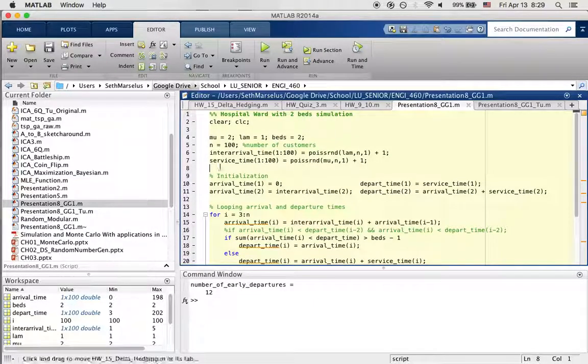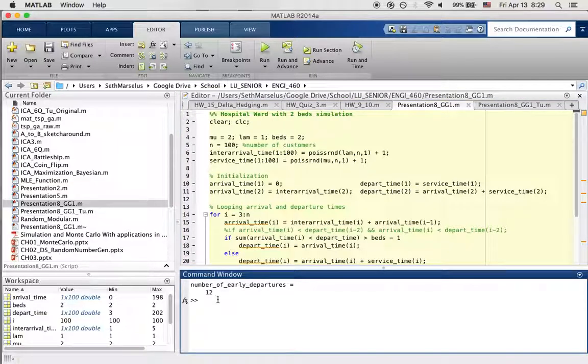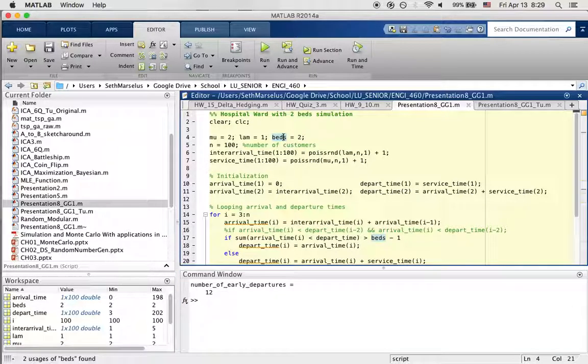And for this run, we have 12 early departures, and that's simply due to the fact that we have arrivals coming in and the service times differ, so that makes it difficult for each person to be serviced, and therefore some people have to be admitted elsewhere.